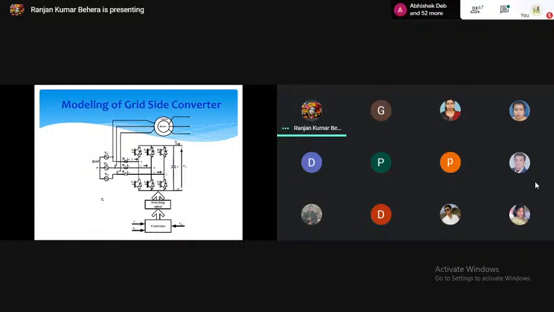Now we have this AC. You can see that this is a grid connected through this converter and supplying a DC link.